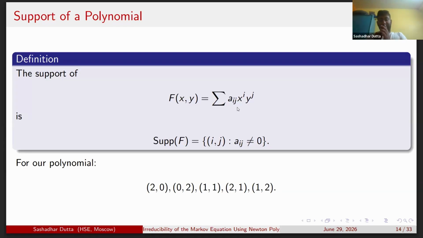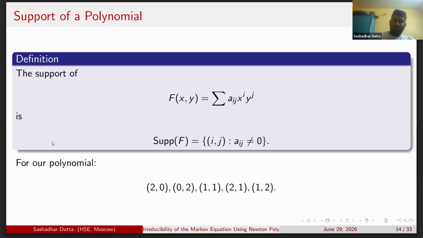The support of f is the set of pairs (power of x, power of y), that is, (i, j).